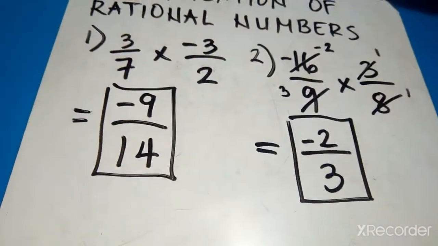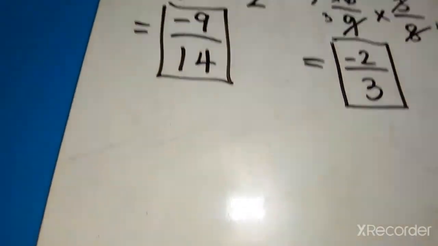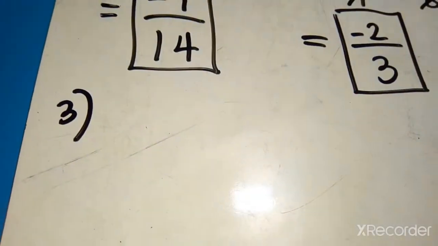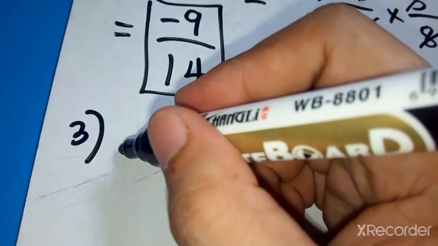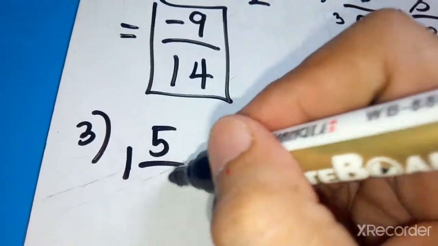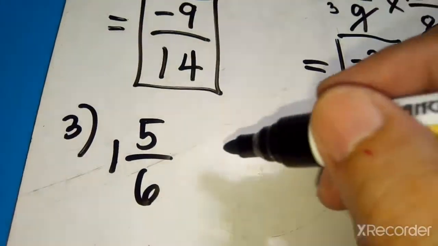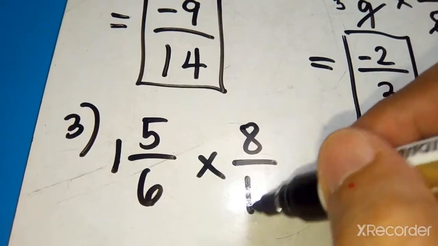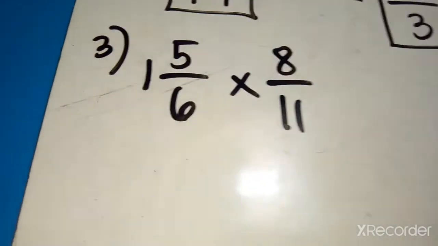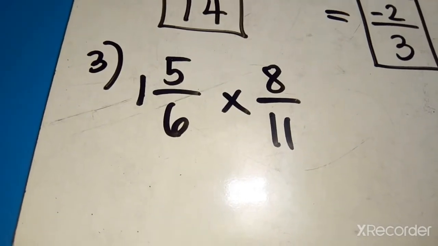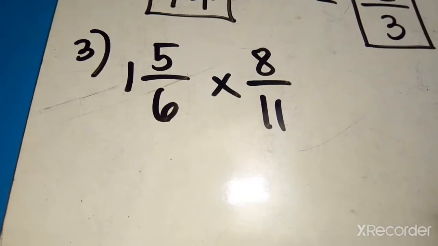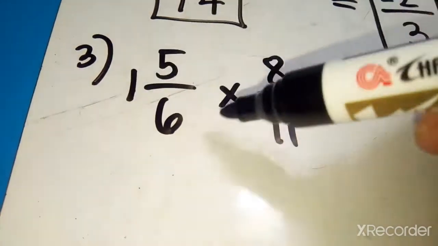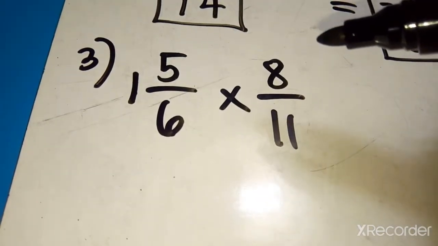Okay, so let's proceed to example number 3. So number 3 is 1 and 5 over 6, a mixed number, multiplied by 8 over 11. So this time, we'll have to convert a mixed number to an improper fraction.